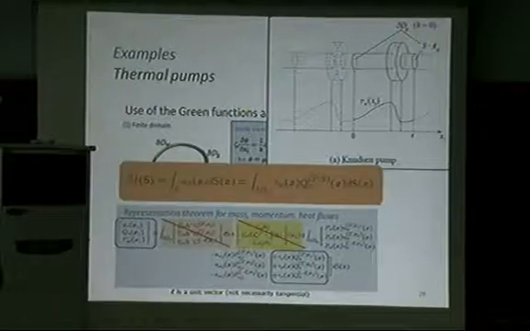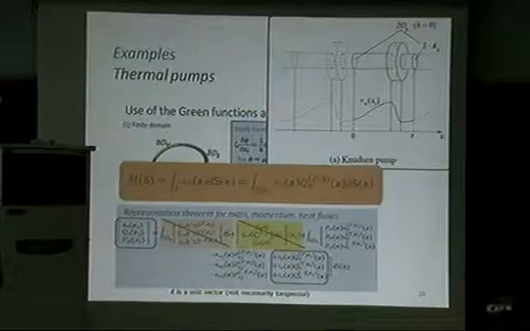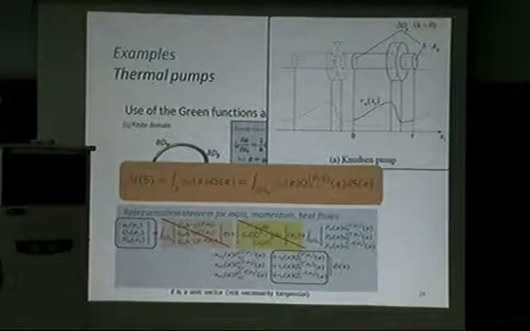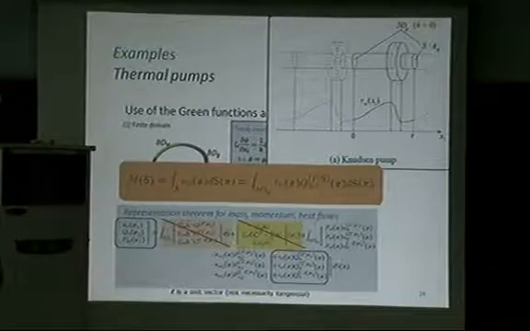And okay, maybe it's better to cheat. So this part is 0. Why? Because, wait, just a moment.